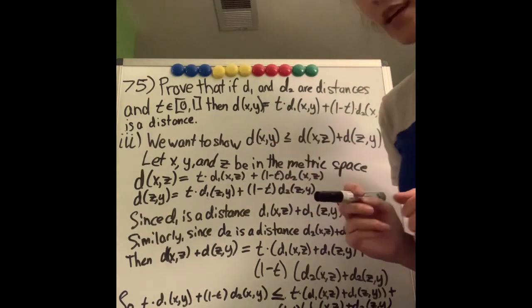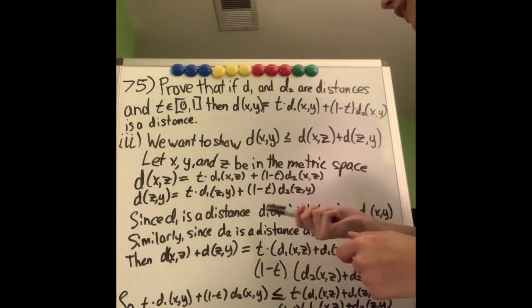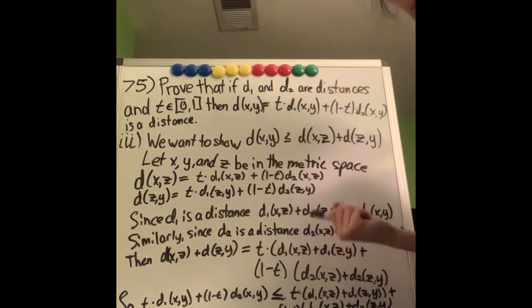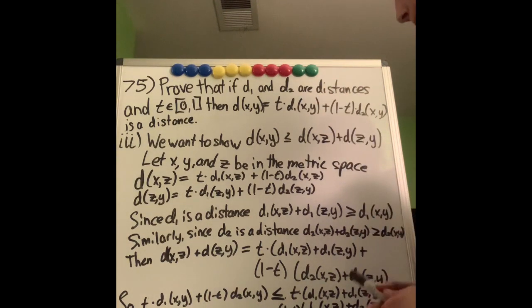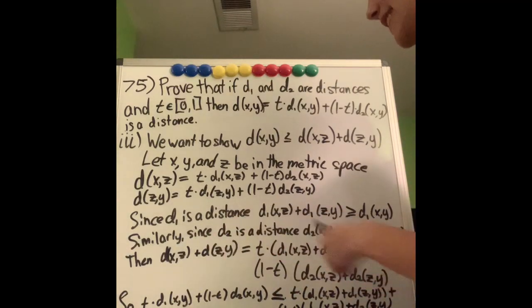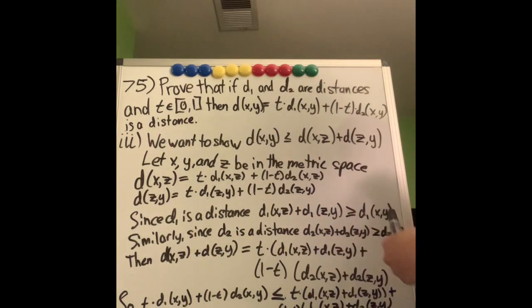So, since d1 is a distance, d1(x,z) plus d1(z,y) is greater than or equal to d1(x,y). This is what we're trying to prove for the distance that we've defined. Similarly, since d2 is a distance, d2(x,z) plus d2(z,y) is greater than or equal to d2(x,y).